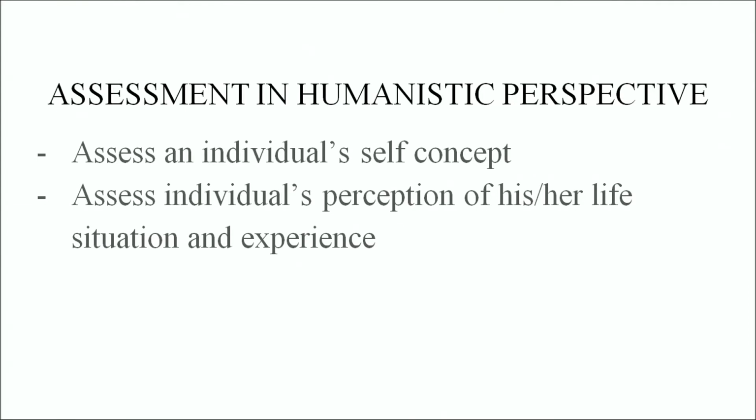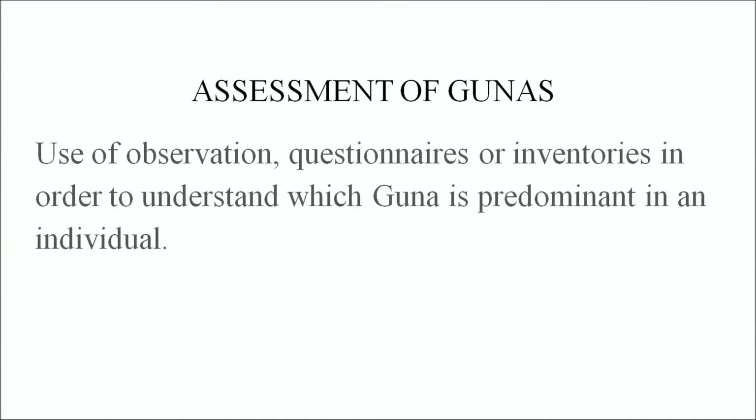Moving on, in the Indian perspective, we talked about the gunas: the sattva, rajas and tamas gunas. In order to assess these gunas, you will have to use various methods. You could use observation, you could use certain questionnaires or inventories, and understand which of these gunas is predominant in an individual.